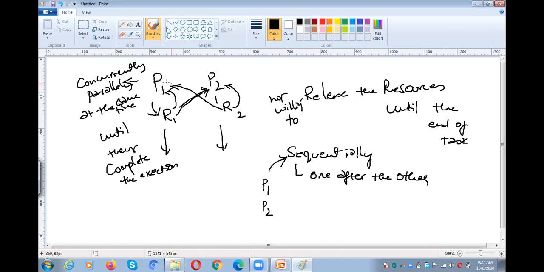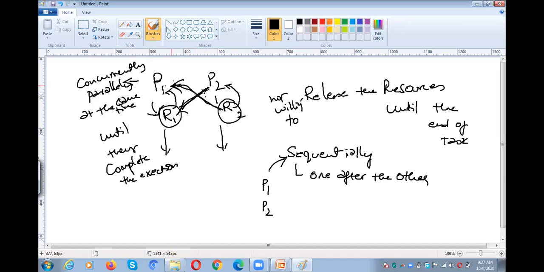Whenever they are trying to execute the task, the processes might require some system resources. Say P1 requires resource R1 and P2 requires resource R2. While executing, P2 requires R1 and P1 requires R2.